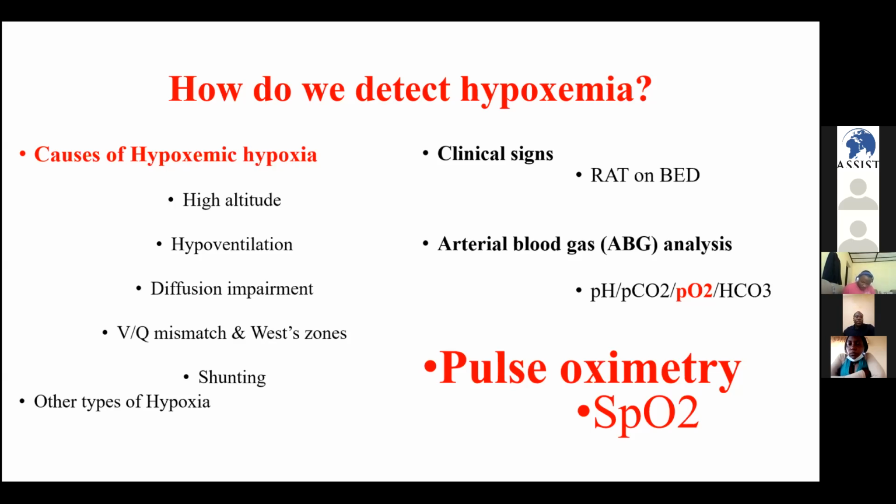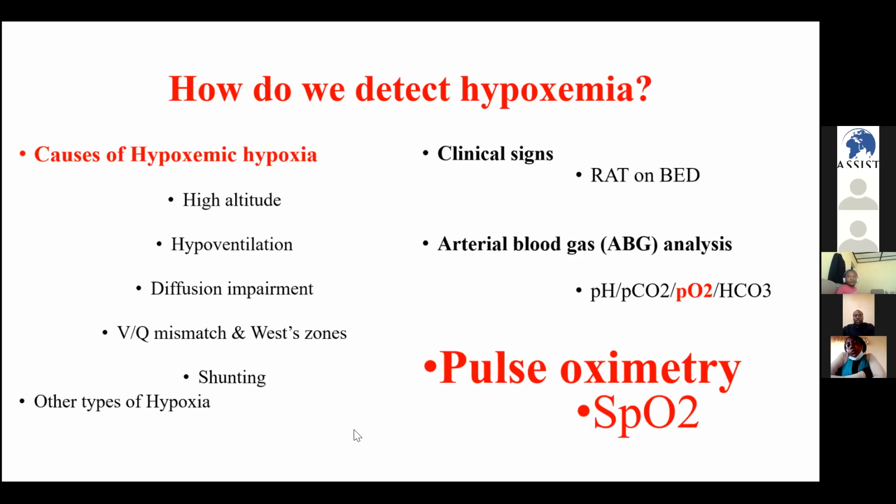One of them is high altitude. As you elevate, the atmospheric pressure decreases and your oxygen level in the blood might decrease. Hypoventilation as well can cause hypoxemia, as can diffusion impairment and ventilation perfusion mismatch, as we have seen in the previous session on pulmonary physiology.